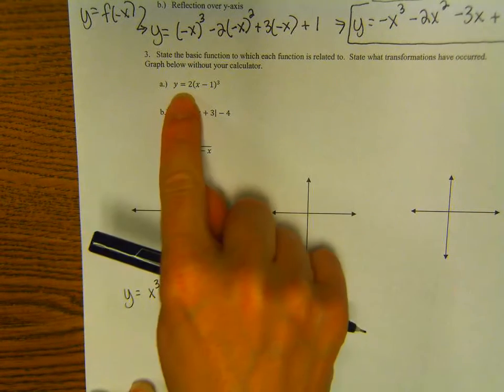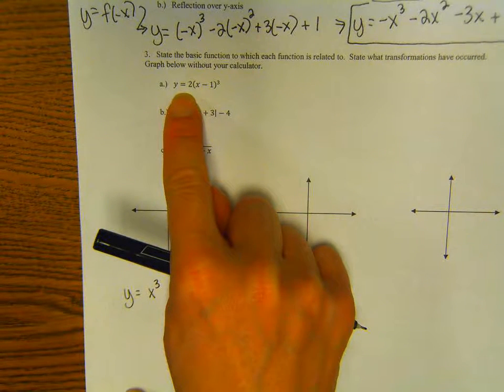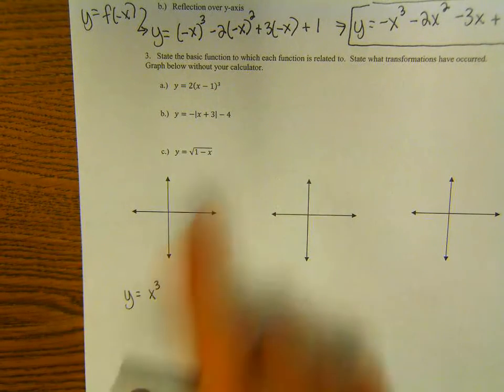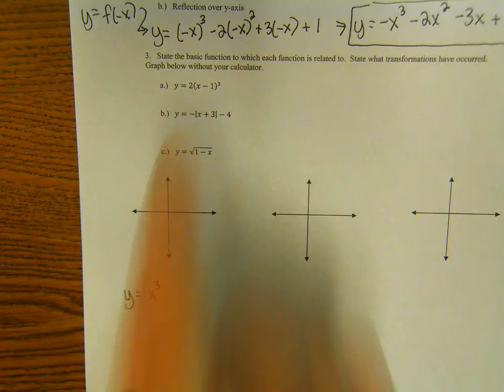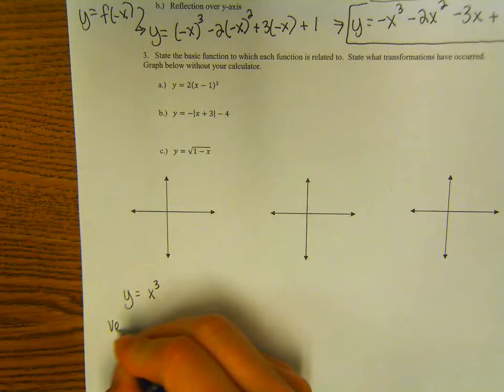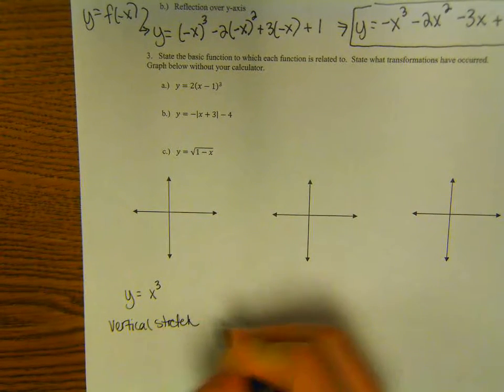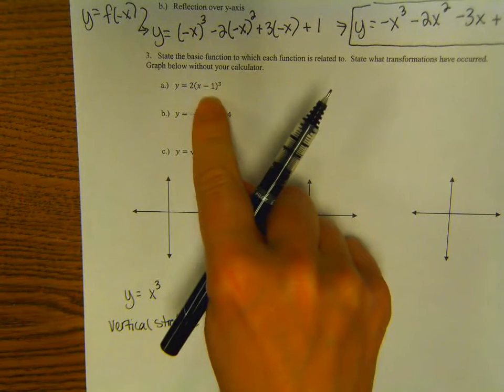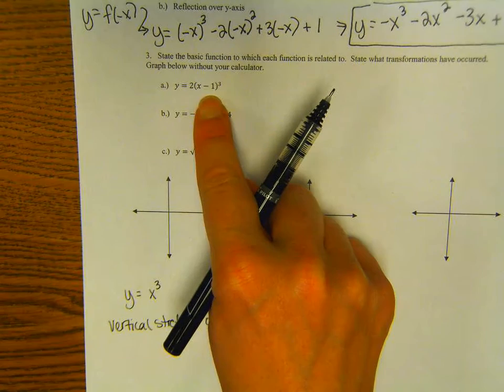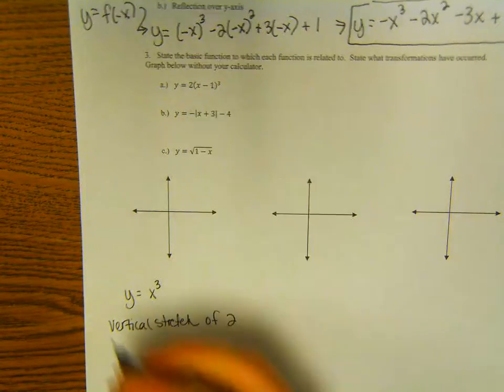What's this 2 out in front? Vertical, it's out in the front of the function, vertical stretch of 2. And then moved 1 unit to the right.